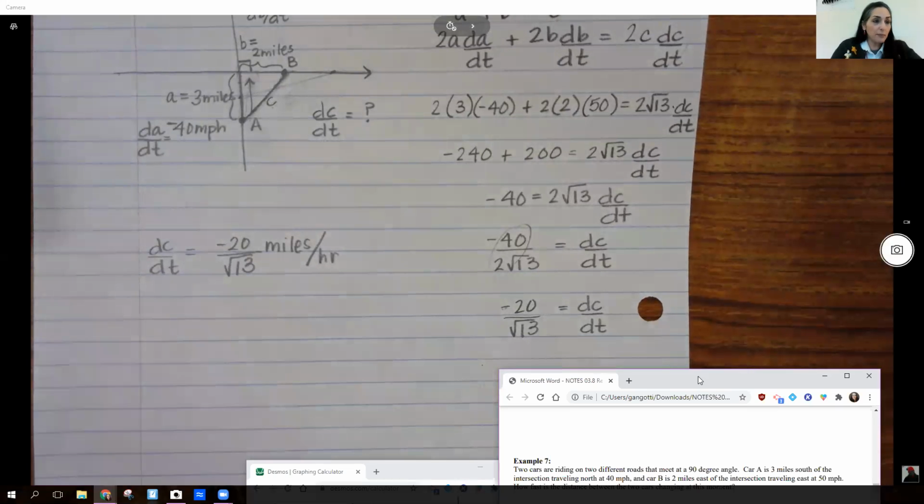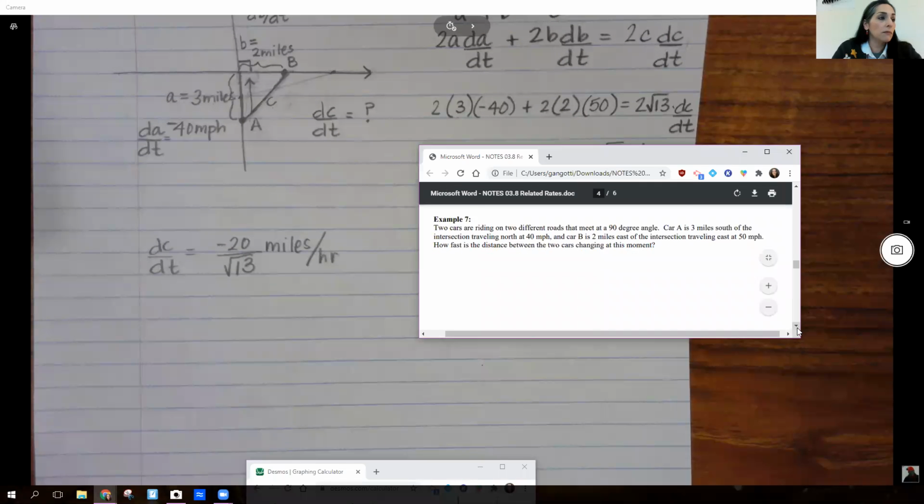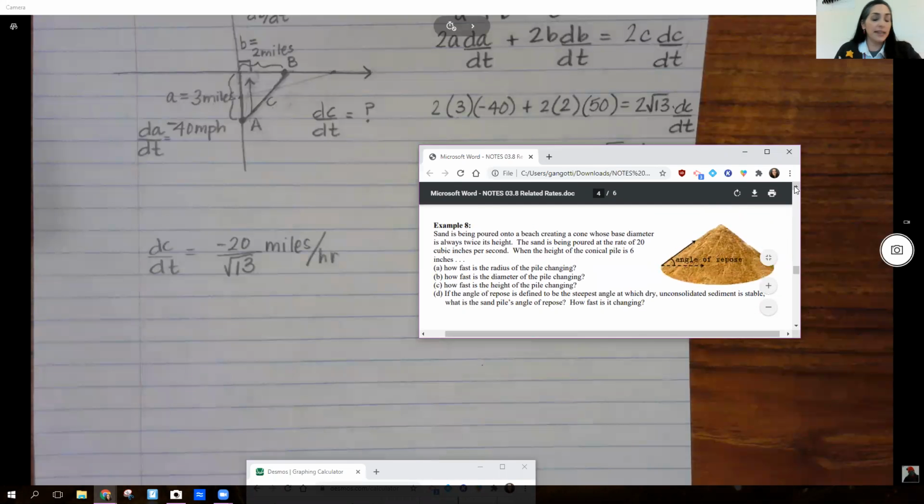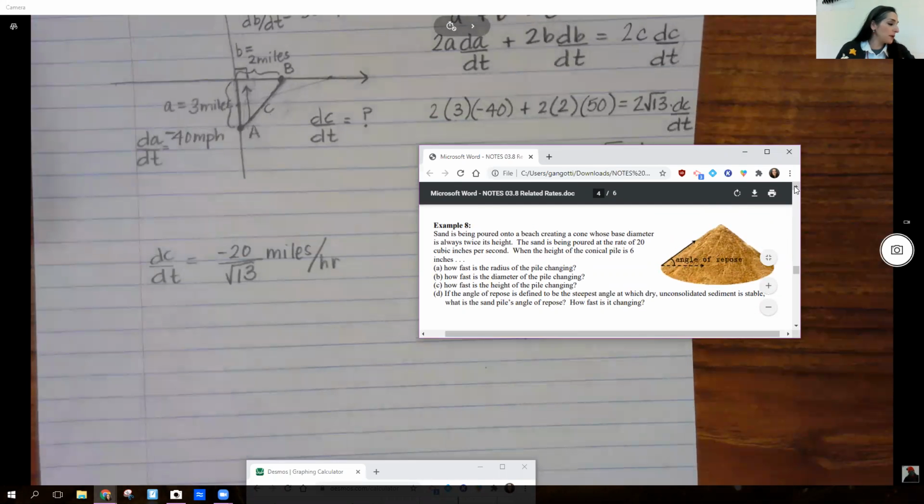All right, let's look at example number 8. Okay, example 8, sand. Need a new piece of paper for this one.